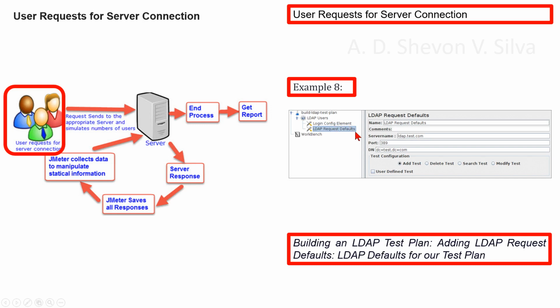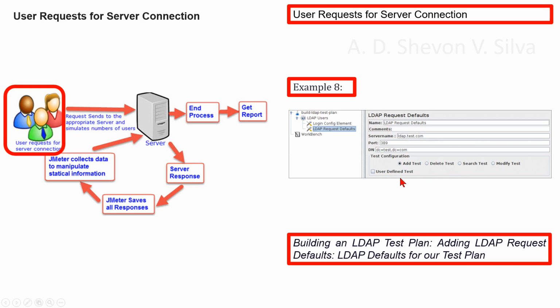Like most JMeter elements, the LDAP request defaults control panel has a name field that you can modify. In this example, leave this field with the default value. Here you can see LDAP default for our test plan.